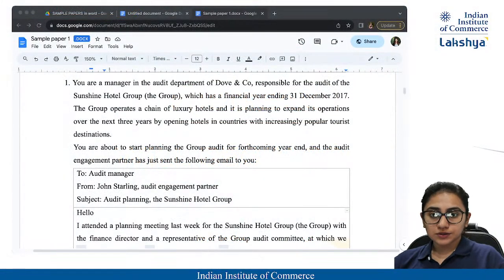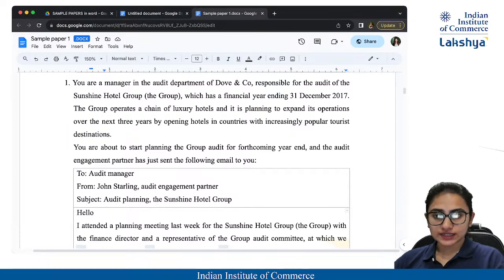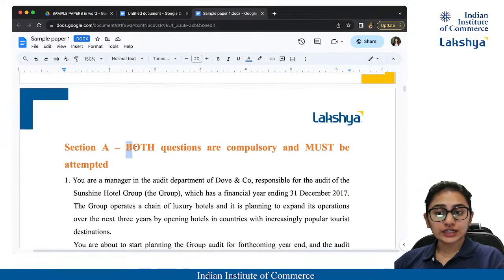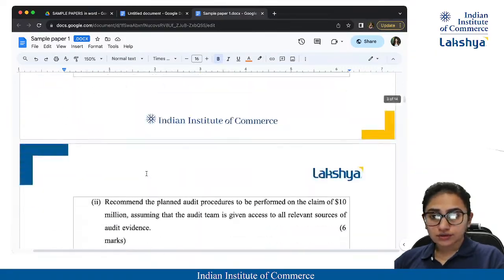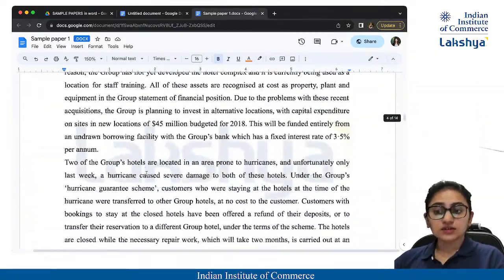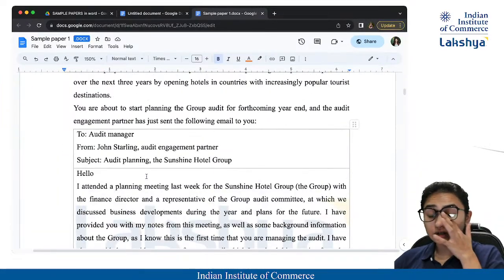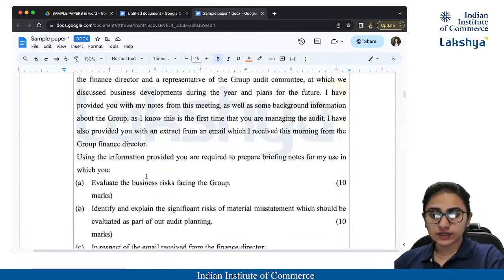Since September 2022, you have 20 marks allotted for professional, and a lot has been changing over time. Now, this question paper that we have picked up is a little bit older one, a 2017 paper, and this is a sample paper. That is why they have split section A in two parts. But normally in the exam, section A is going to be a complete 50 marker question. So just consider it as a continuation of that. No problem about that. It will just give you an idea of how to solve the 50 marker in a given time frame.